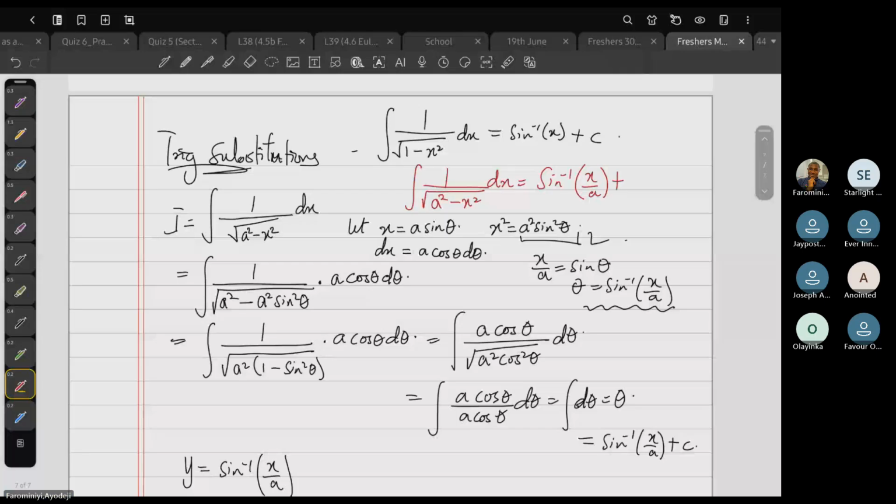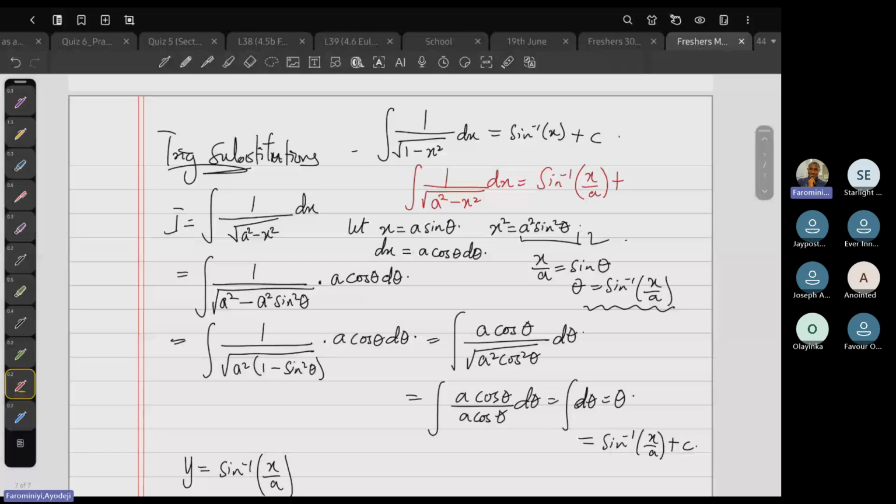So the integral of 1 over the square root of a squared minus x squared is just sine inverse of x over a. That is straightforward. But for 1 over a squared plus x squared, what is it going to be?